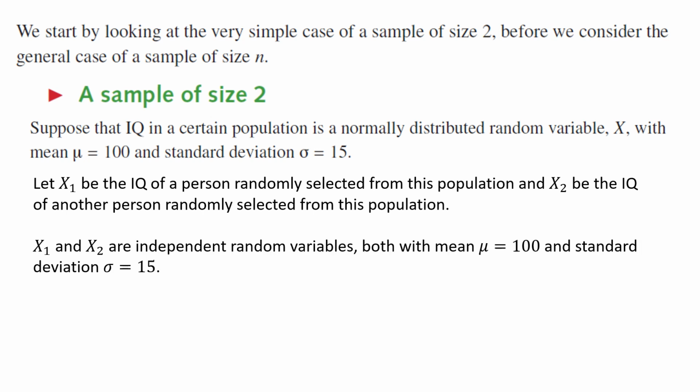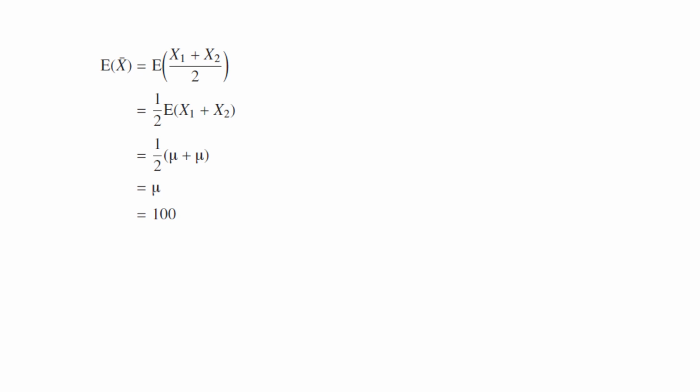So 2 randomly selected people from this population, a population with a mean of 100 and a standard deviation of 15. So x bar in this instance is their average: the score from x1, the score from x2 divided by 2, as we know, that's an average for size 2.